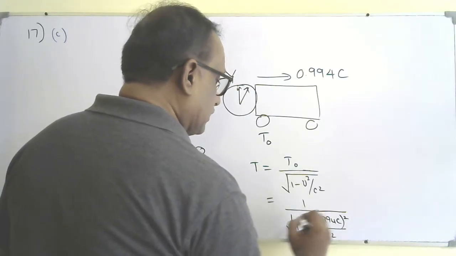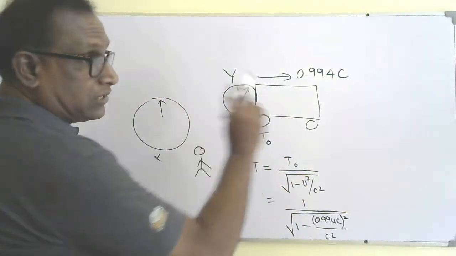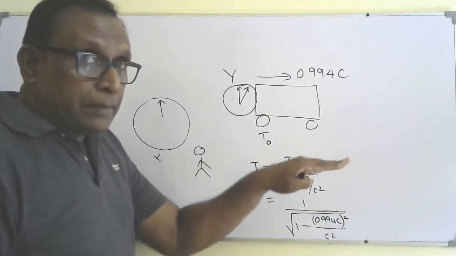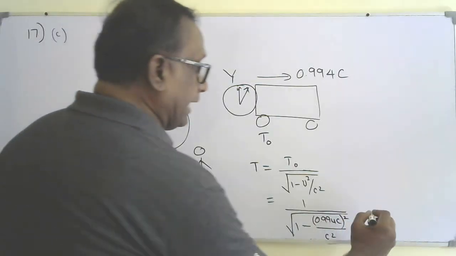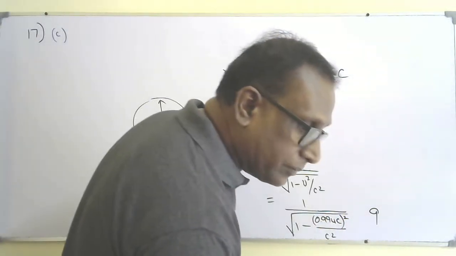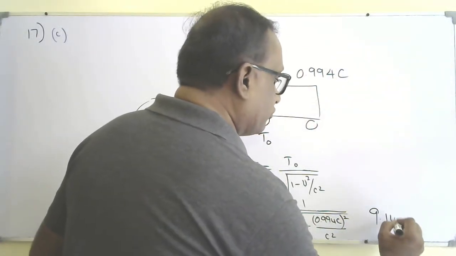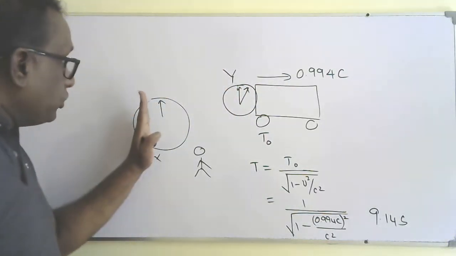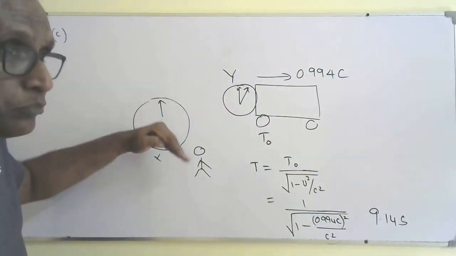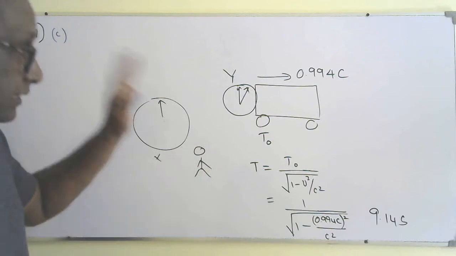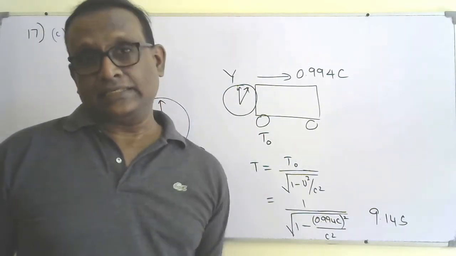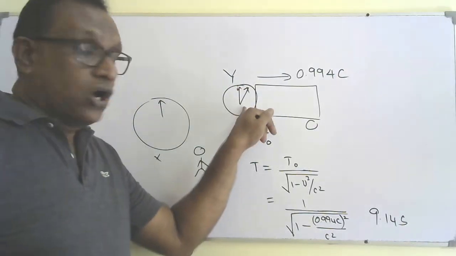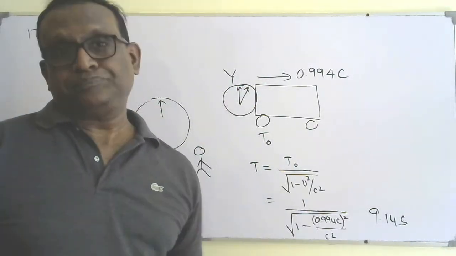So when the clock in motion completes 1 second, your clock will complete almost 9.14 seconds. That means when your clock moves 9.14 seconds, then only the moving clock will complete 1 second. That means this clock is running slowly.